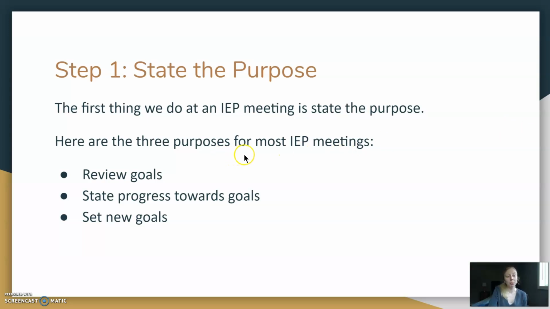And here are 3 purposes for most IEP meetings. You might say, the purpose of this meeting is to review goals, state progress towards the goals, and set new goals. And that is stating the purpose. And just by saying that, you are participating in your very own meeting.